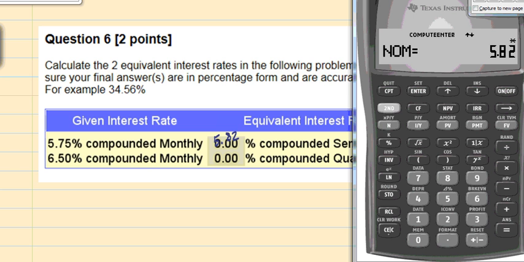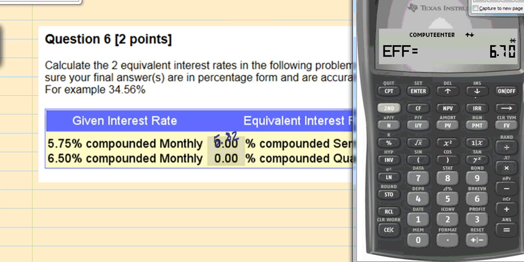And if you want to go for this one, we'll go again and clear. So 6.50, so we'll go second function and convert. So nominal is 6.5, press enter, and it's compounded monthly, so we want to go to compounding, compounded monthly, so that's 12, enter, and first find the effective rate, compute, so it will be 6.7.